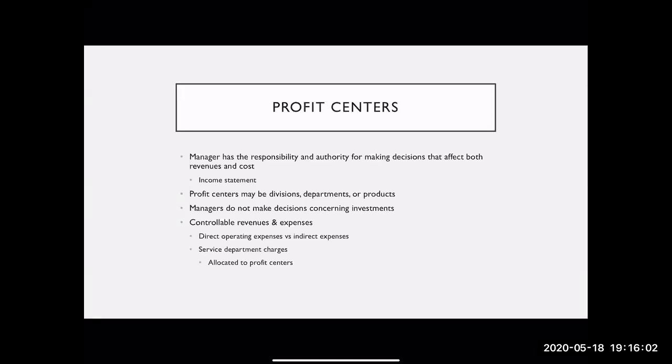So revenue is completely controllable, but some expenses are uncontrollable, and we'll dive into that in a second. The controllable expenses we want to focus on are sales salaries and utility expenses. All of those can help make or break a company.